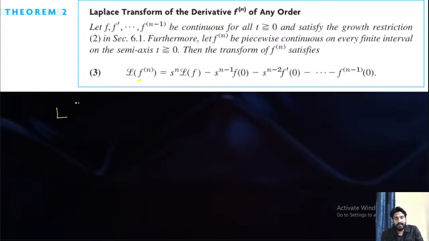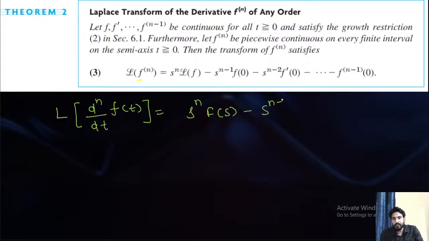It is something like that: Laplace of d^n f over dt^n, meaning n times differentiation of f of t, is nothing but s raised to power n f of s minus s raised to power n minus 1 f of 0 minus s raised to power n minus 2 f dash 0, like that, up to f^(n-1) of 0. It is clear to you or not, right?